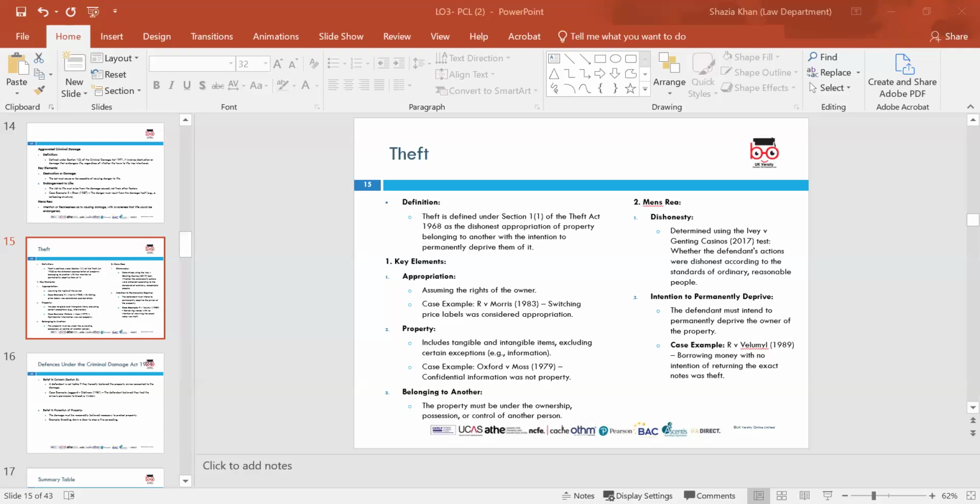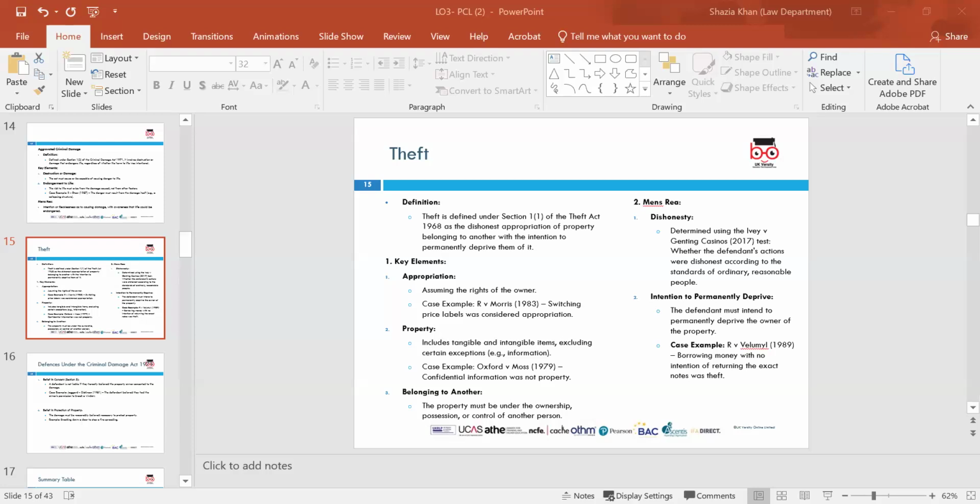It will be a defence to a theft charge if you can show that you had a genuine belief that you had the legal right to appropriate the property, the owner would have consented, or the owner cannot be traced by taking reasonable steps. In the case of Genting Casinos 2017, the court looked at whether the defendant's actions were dishonest according to the standards of an ordinary reasonable person.